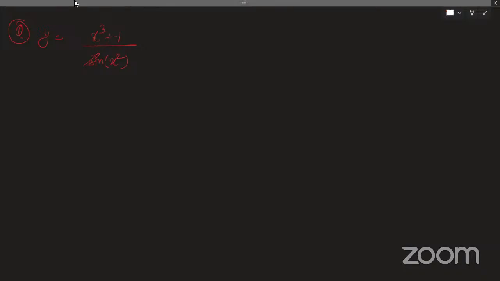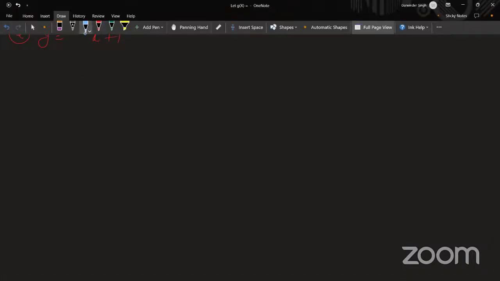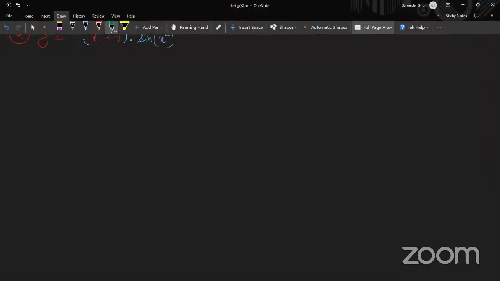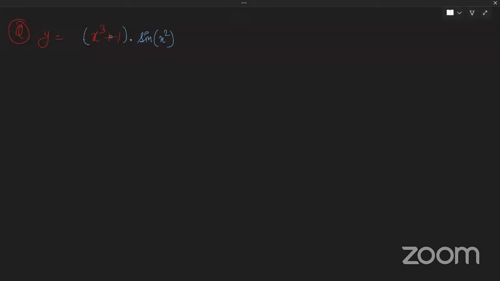In the first case, we will take something easy and then we will increase the level. You have got x cubed plus 1 multiplied by sine of x square. So you have got two functions in multiplication. The first function is x cubed plus 1. The second function is sine of x square.